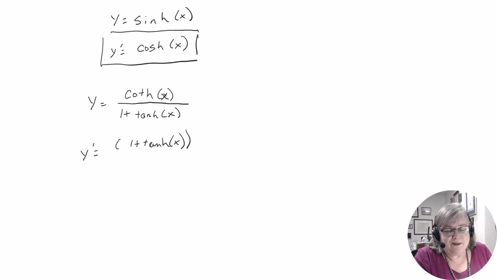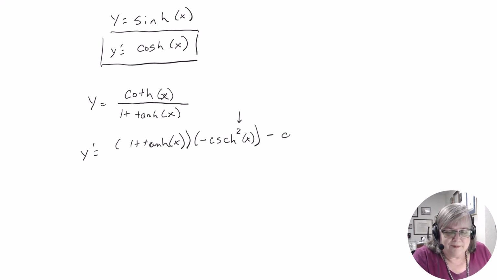And the derivative of the hyperbolic cotangent is negative hyperbolic cosecant squared of x. Notice that the square right here comes after the h, right? It's not cosecant squared hyperbolic. It's hyperbolic cosecant squared. So be careful where the square is.